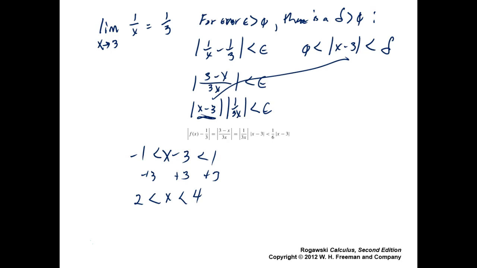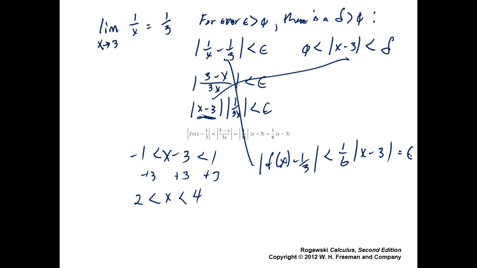So if you choose that, the absolute value of f of x minus 1/3 is less than 1/6 times absolute value of x minus 3. Well, guess what? That's your epsilon.